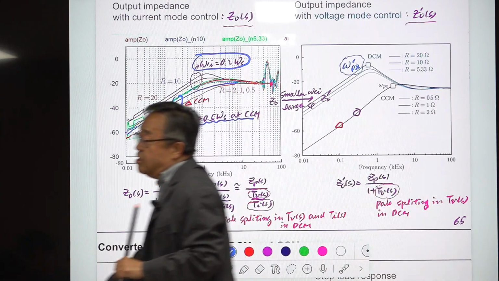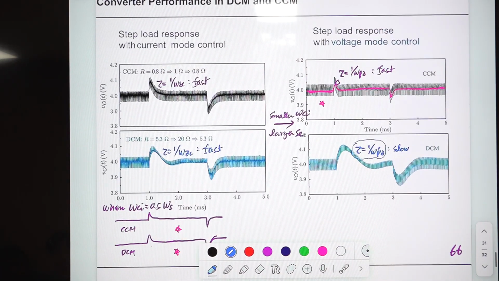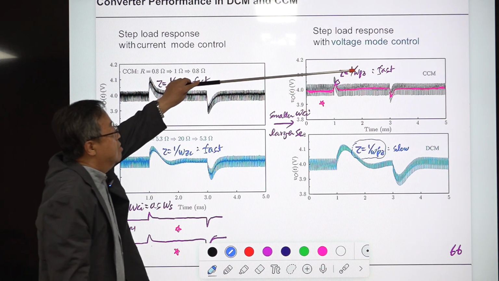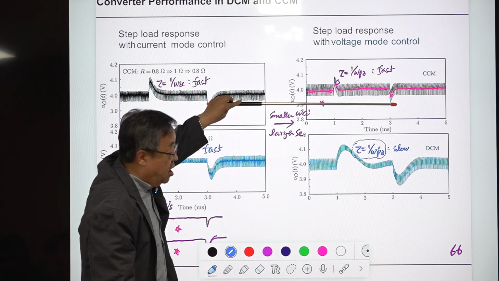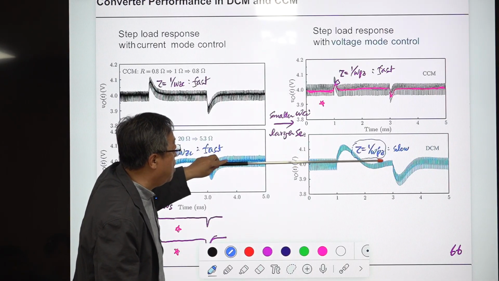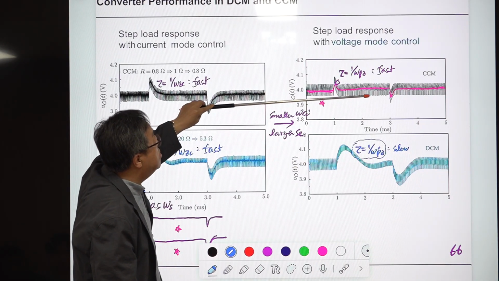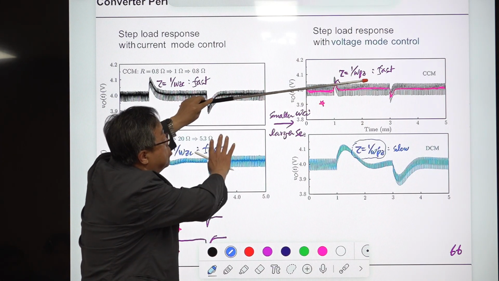Okay. Finally, let me show the transient response of this. This is the transient response of voltage mode control. This is the step load response, very fast. And this one is very slow, oscillatory. All of them are step load responses.